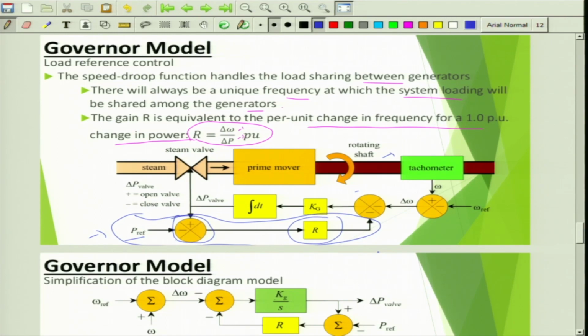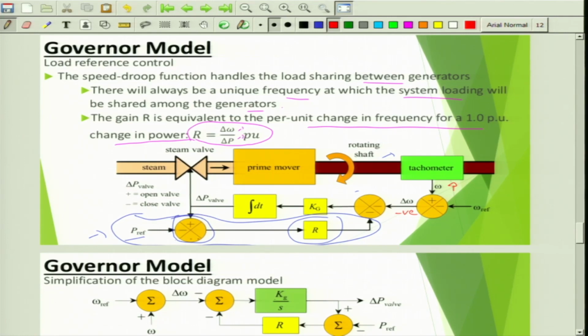So what is happening, so let us say there is an increase in load now. The frequency is decreasing, speed is decreasing. So that means this output is negative, this is what I told. In case of a single generator, the entire burden was on one single generator, that is what we had discussed in the last slide.